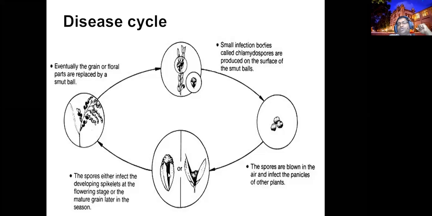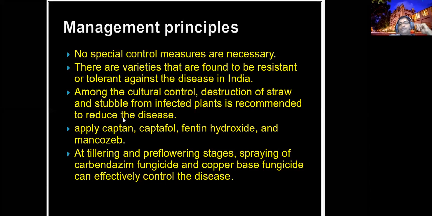Flowers will get infected, and the spore either infects a developing spikelet or a mature grain. If a mature grain is infected, the endosperm will burst, and cottony yellowish mycelium with conidia, like a big fruity growth, is the identification of this disease.